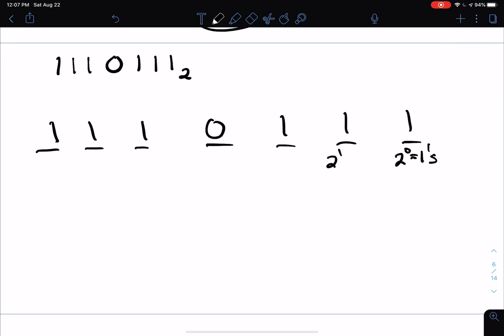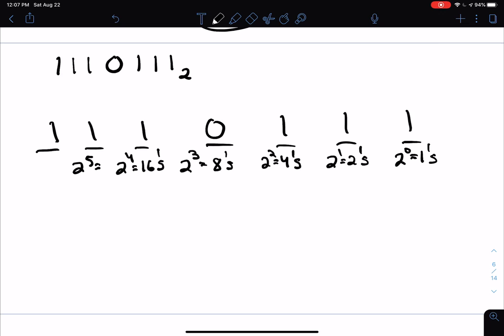Then I have the 2 to the 1st or 2's place. The 2 squared or 4's place. The 2 cubed or 8's place. The 2 to the 4th or 16's place. I'm running out of space. 2 to the 5th or 32's place. And the 2 to the 6th or 64's place.